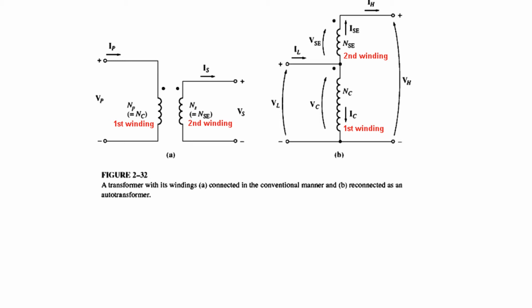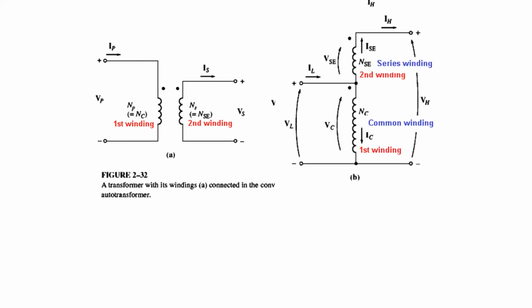Similarly, this is the secondary winding, and this will be equal to NSE, that is the series winding, when we take it up, when we add it, and we get this configuration. Now this is the series winding SE, or also called the second winding, and this is the common winding, we're calling it the first winding.